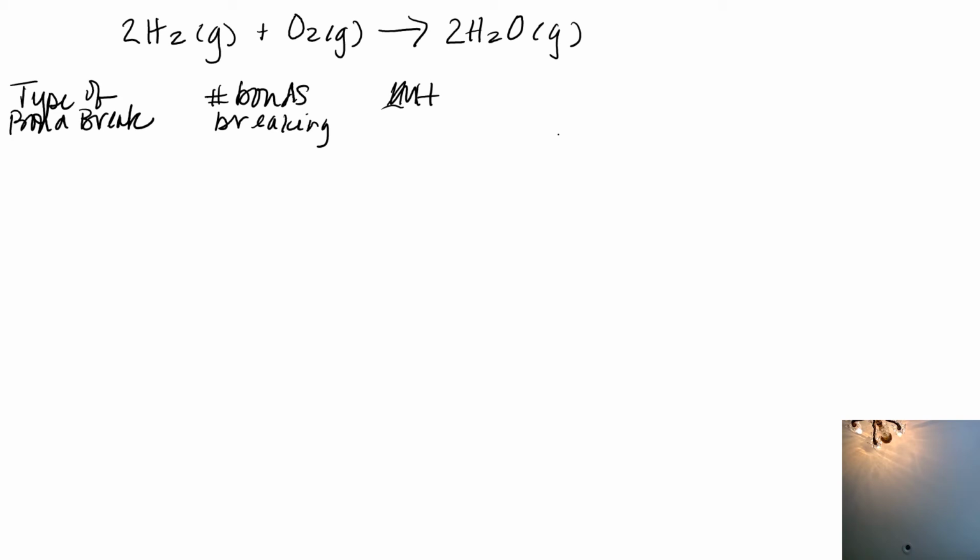whoops, sorry about that, let me erase that. I meant that for it to be the bond enthalpy. Then we'll come up with the delta H for the reactants. So we've got an H-H bond, O double bond O, and then for the water molecule, I draw the Lewis structure.